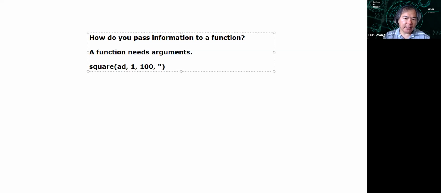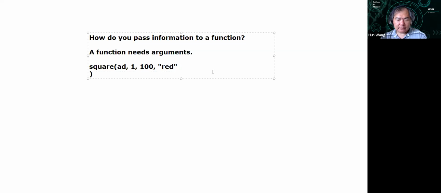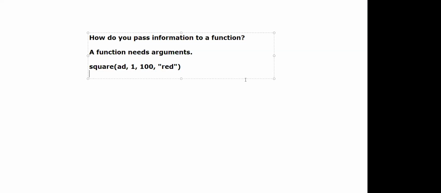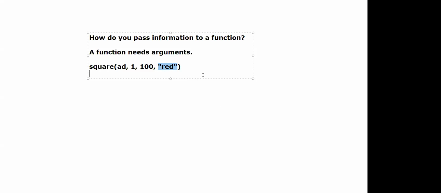And the color, what kind of data type is the color? What kind of data type is red? A color data type? No. I don't know. You never taught me that. No, we did. What is red? What kind of data type is it? Oh, it's a string. It's a string, okay?